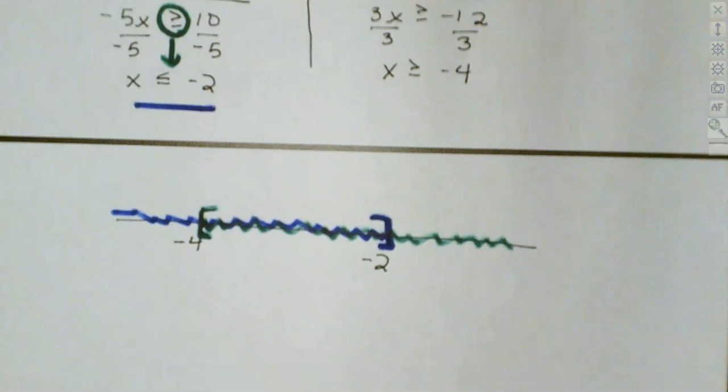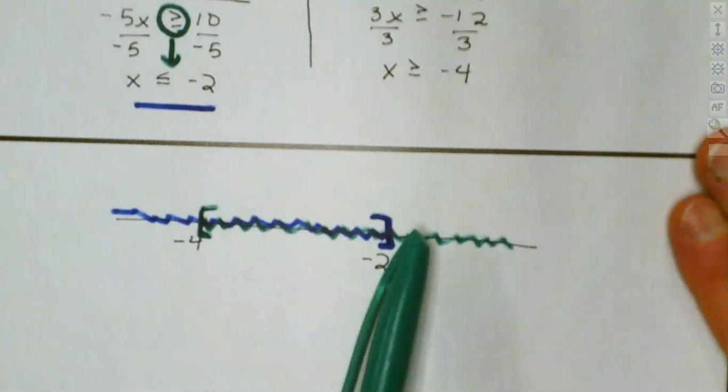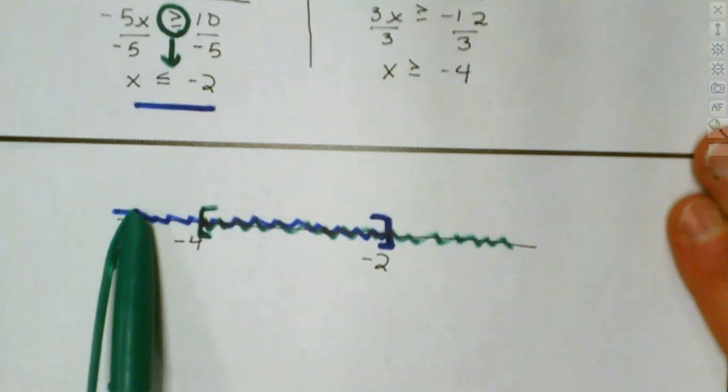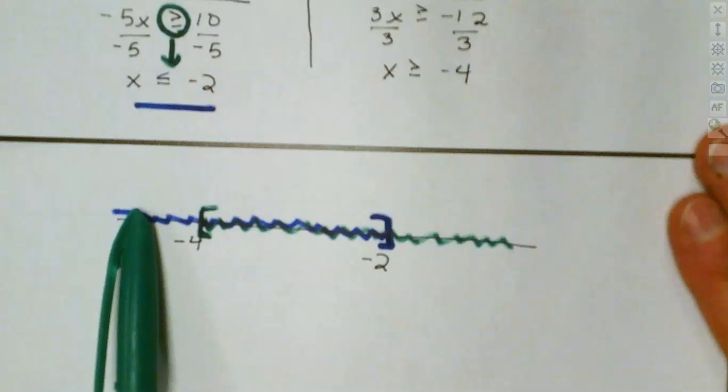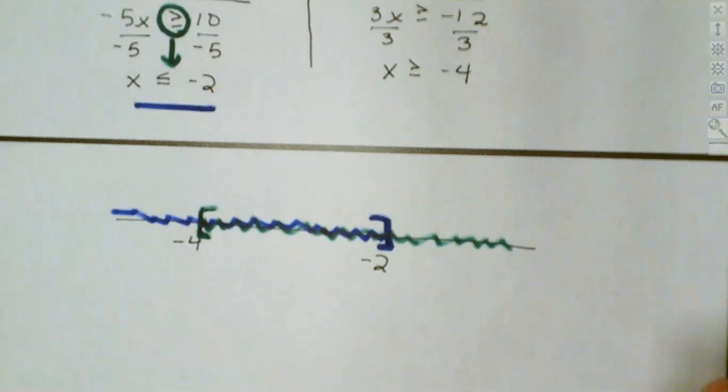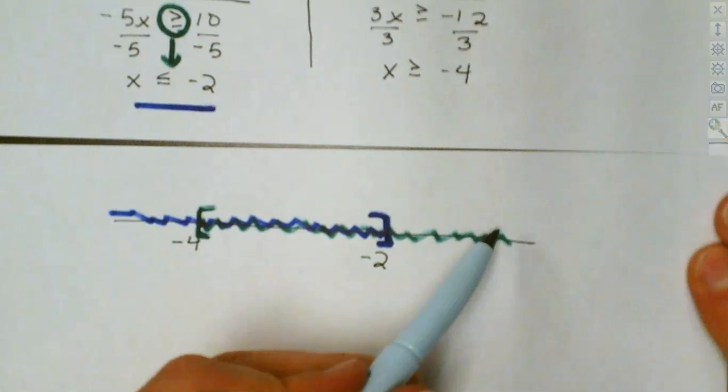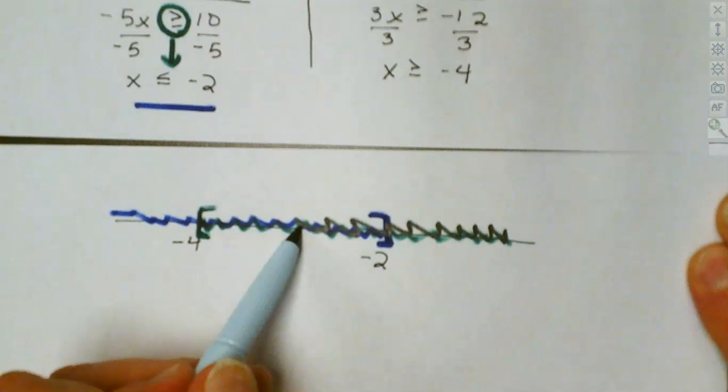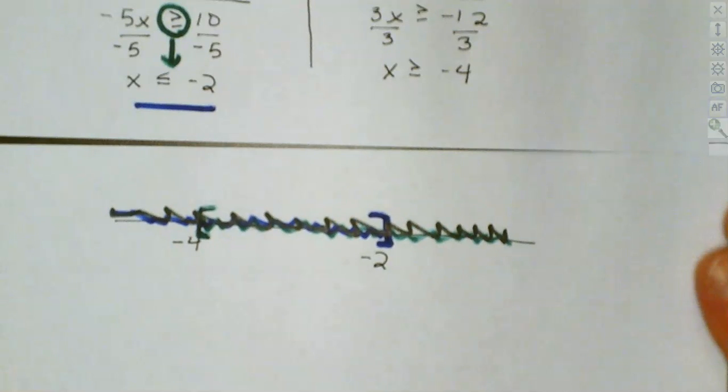Our answer was in the middle because it was an and, and we looked for where they overlapped, right? Okay, what about or? Or means we put it all together. So add them all together. So if I combine the green plus the blue line, then what do we have? We have the entire line, right? Because it covers everything. So that means our answer is this entire shaded line.